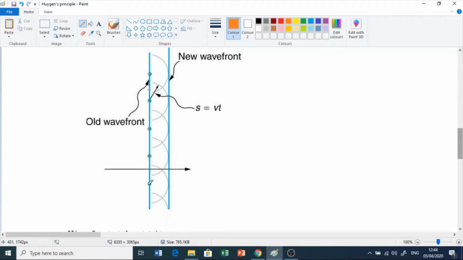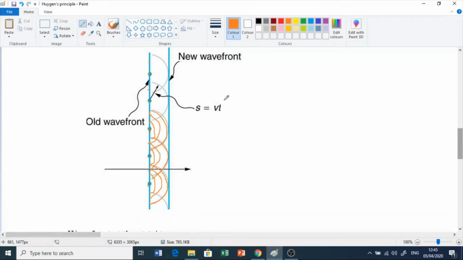The waves are now produced from here, like this. Similarly, every point on this wavefront is now acting like a new source of waves. They are called wavelets.